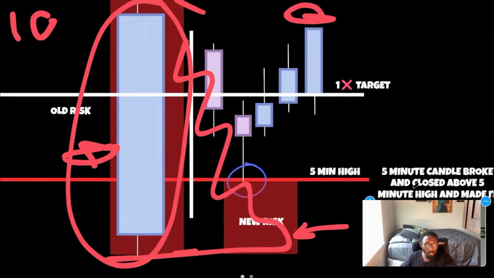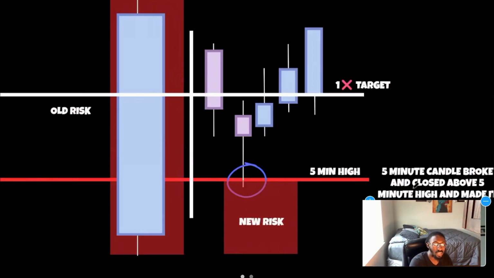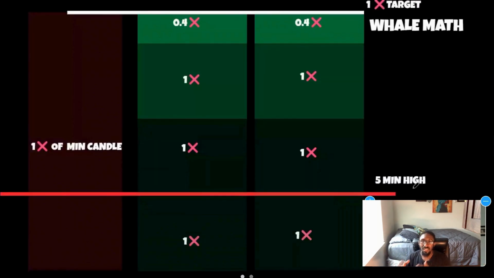If this is a 10-point candle, then that means we're aiming for 20 points for expansions. But remember, we're not going to enter all the way up here. We're going to enter down here. So now on the right side, this is the new risk because we want to enter on key levels. We don't want to just enter because it's going up. And this is where we could potentially miss out on trades.